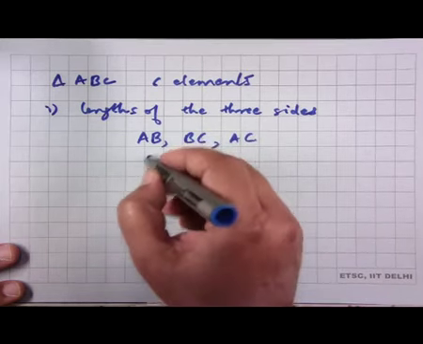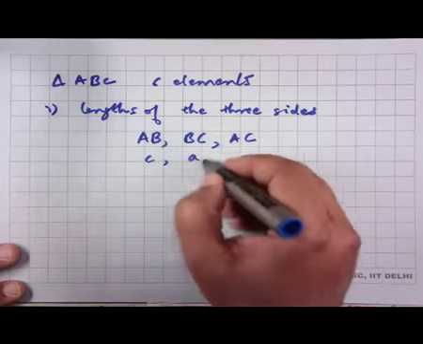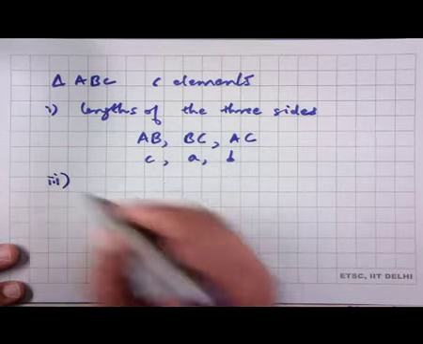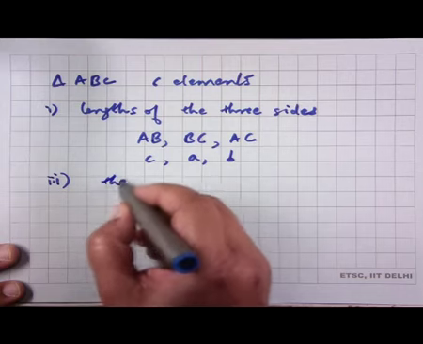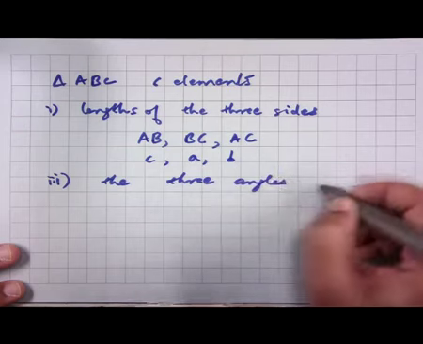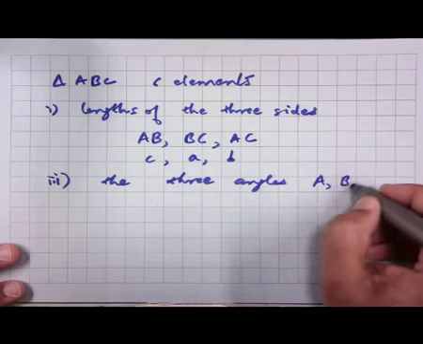So, we denote these by C, A and B, and the other 3 elements are the 3 angles A, B and C.